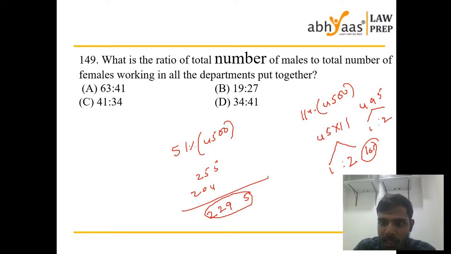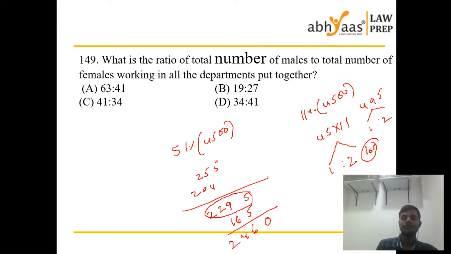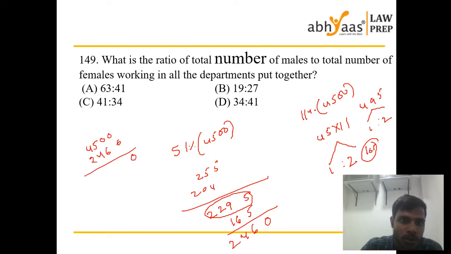So I got the number of males as 165. So 2295 plus 165 is 2460. 2460 is my total number of males. So the number of females will be 4,500 minus 2460, which is 2040.